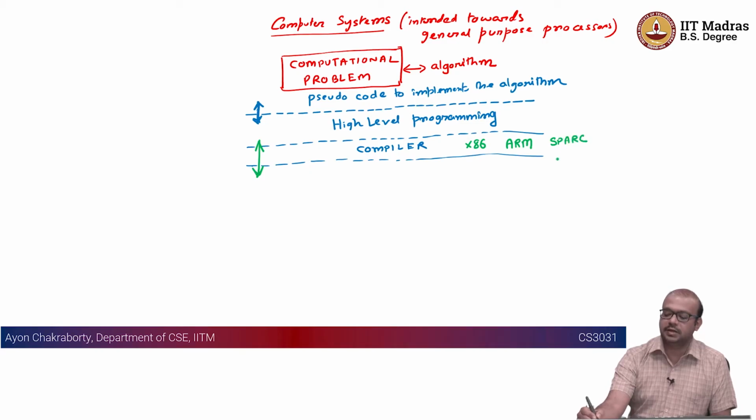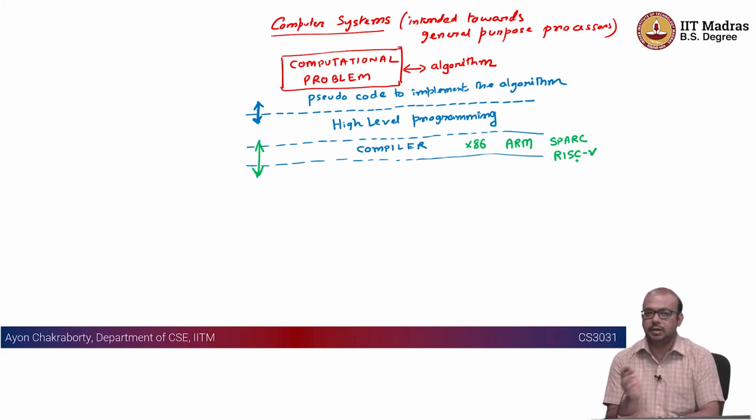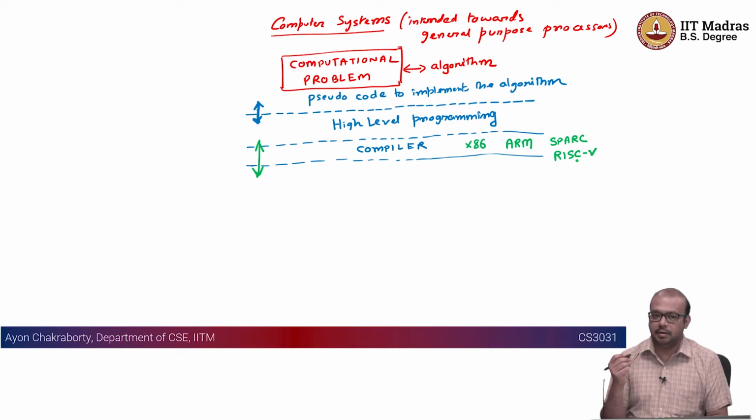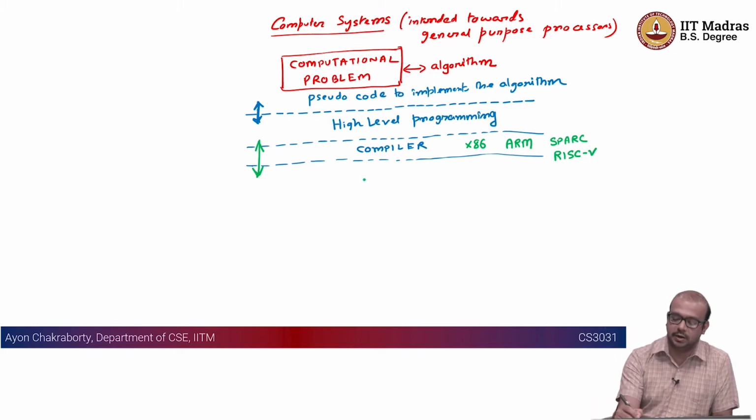So, these are the various kinds of architectures, RISC-V. These are the various kinds of target architectures that have to be provided to the compiler to convert the high level programming language into the machine language that is interpretable by the implementation of the said instruction set architecture, right. So, these are all ISAs, instruction set architectures. I will call that the target architecture.